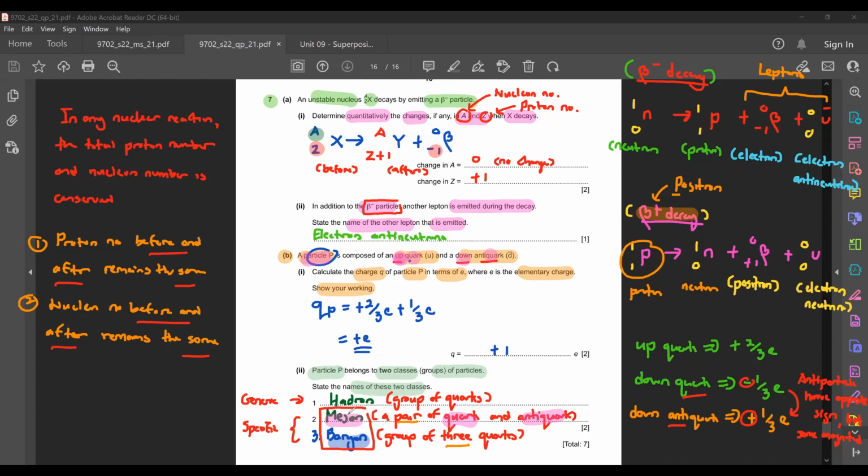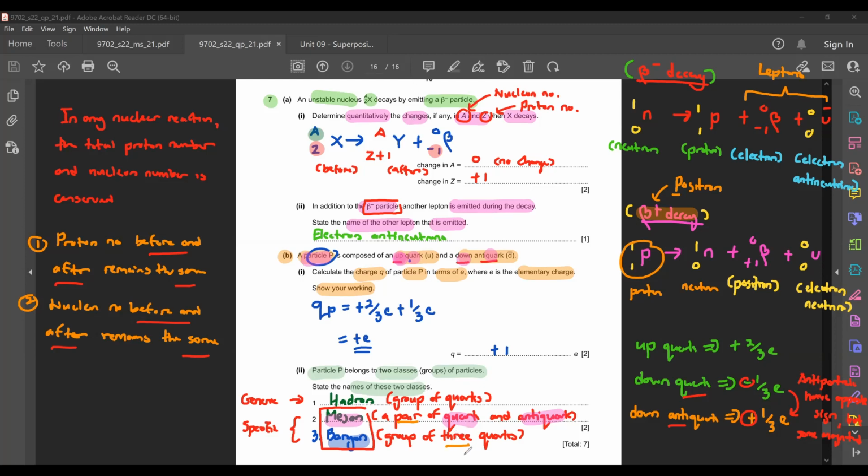Before 2022, they never really bothered to test you on meson and baryon, but from 2022 onwards, there have been quite a number of questions that keep testing whether you know what a meson is and what a baryon is. Now, when you're talking about a baryon being a group of three quarks, they might further ask you what is an example of a baryon.